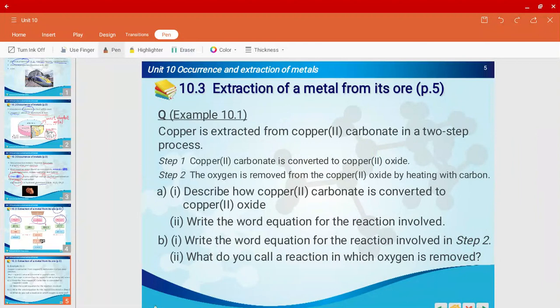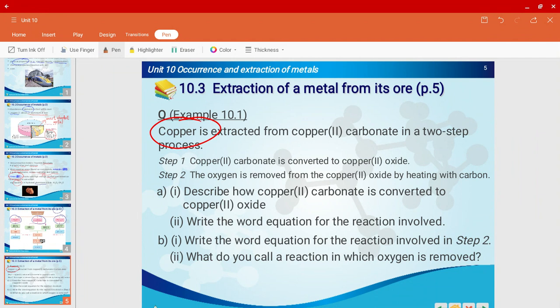This is on page 5. Copper is extracted from copper 2 carbonate in a two-step process. Before I go further, can you tell me how copper is extracted from its ore, from its mineral, in this case copper 2 carbonate? Copper, as you know, is it a highly reactive metal, low, or moderate?